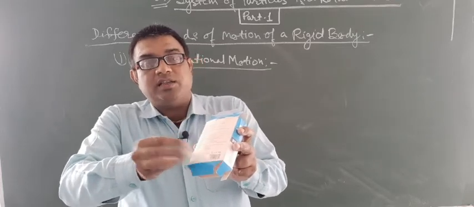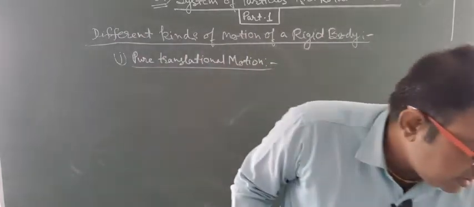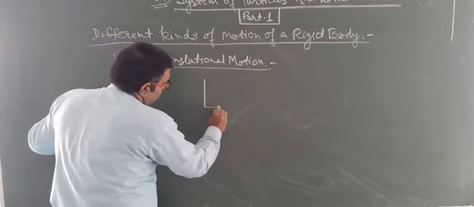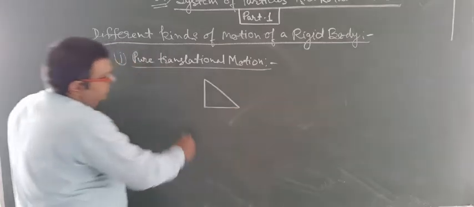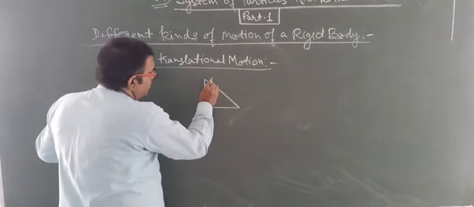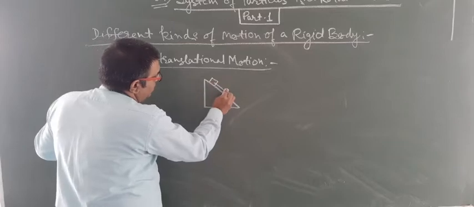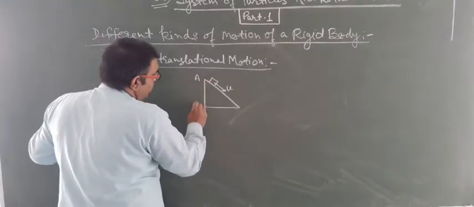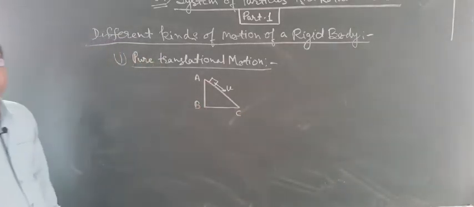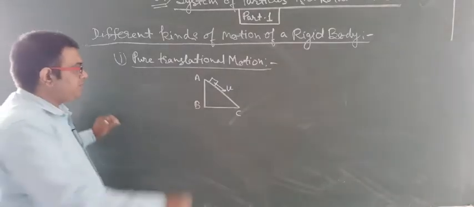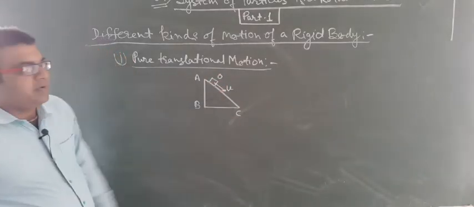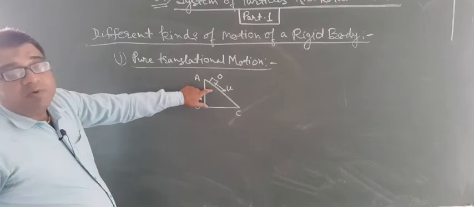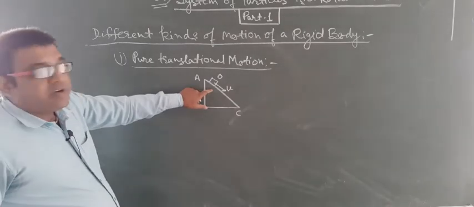Or if there is an inclined surface ABC and an object O is placed over it, moving with velocity v over this inclined plane, then this type of motion is called pure translational motion.